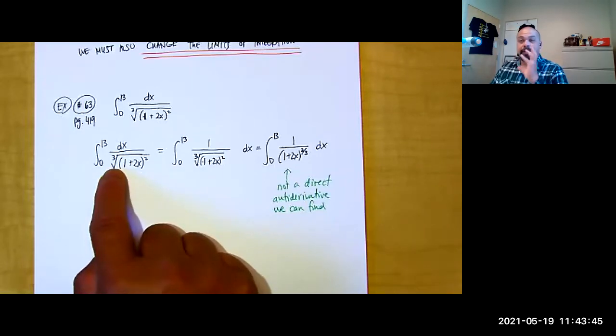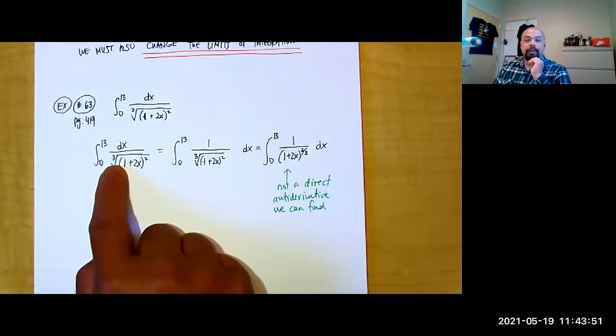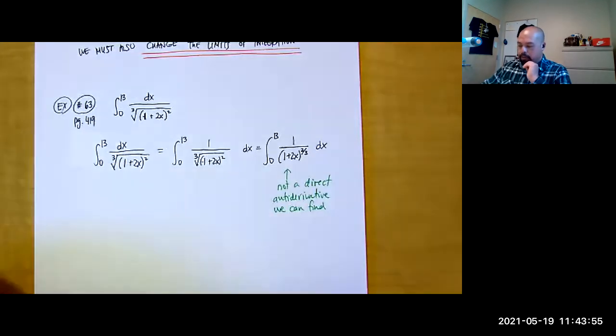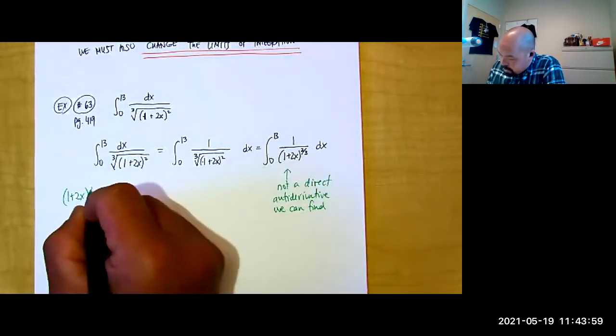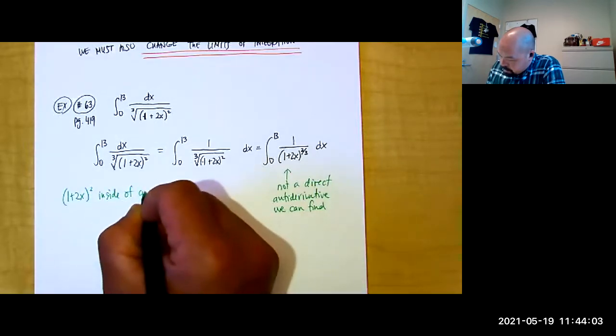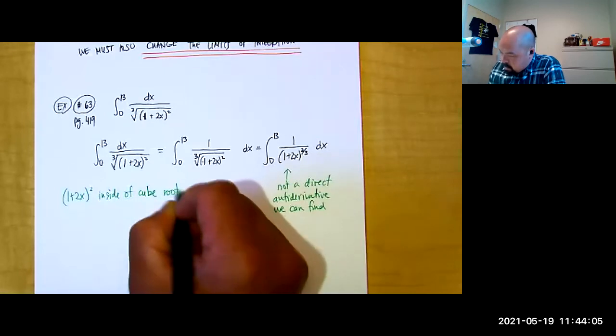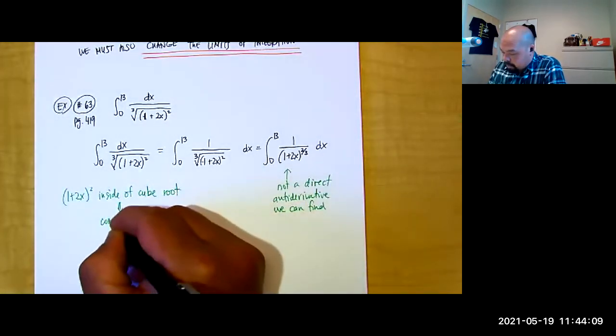So already there, I start to see this composition, right? We have this 1 plus 2x squared inside of that cube root. So that starts to get me thinking composition.